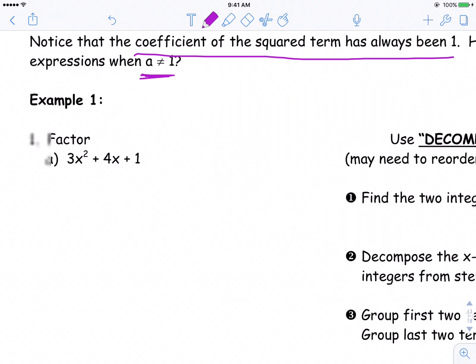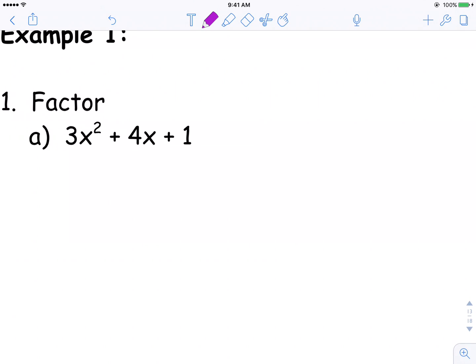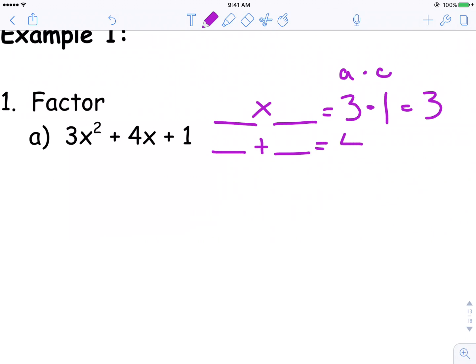Okay, so if we look at our example, 3x squared plus 4x plus 1, I'm going to look for two numbers that multiply together to give us 3 times 1, which is a times c, which is equal to 3. So two numbers that multiply together to give 3, but those same two numbers are going to add together to give us 4.